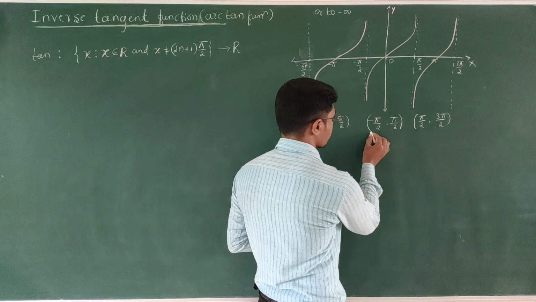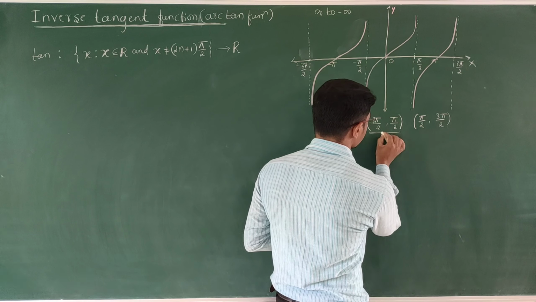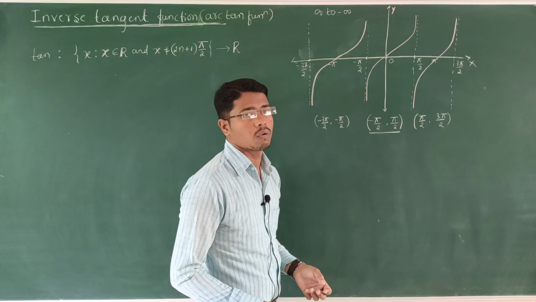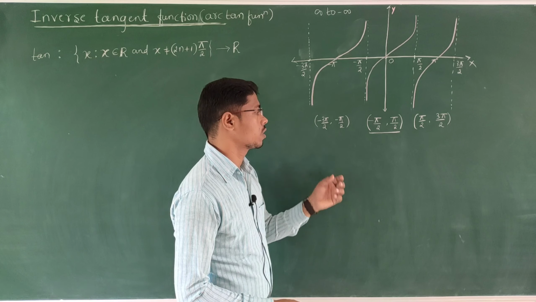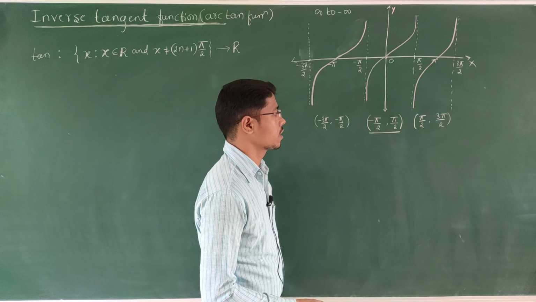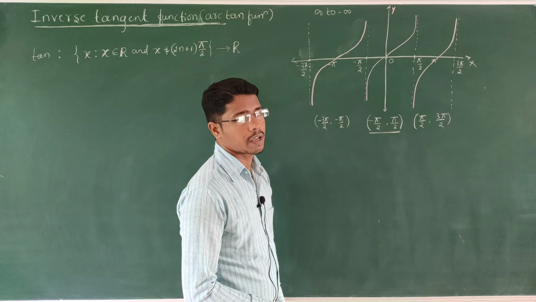The region open interval (−π/2, π/2) is called the principal value branch.